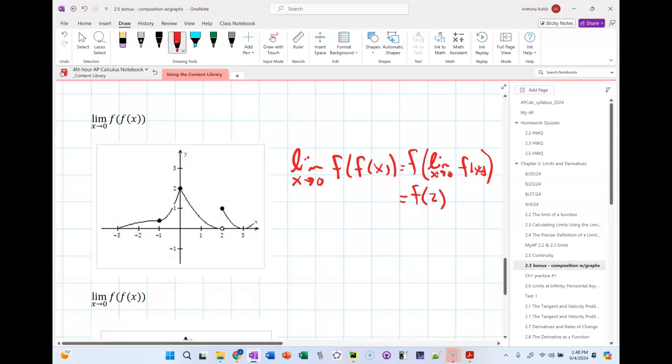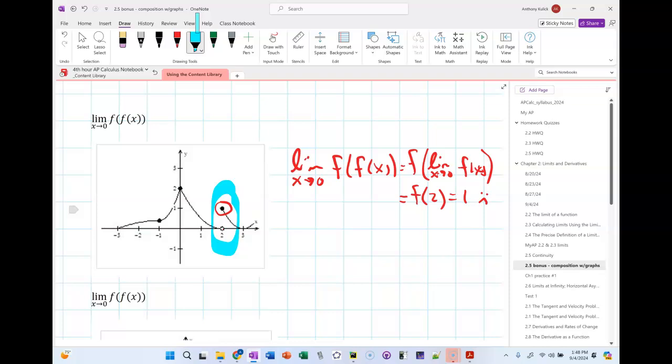And what's f of 2? Would be 1. That's not right. And the reason we have to be careful here is because you're plugging it into a discontinuity, right?